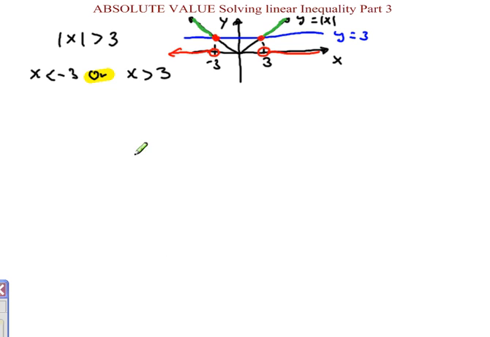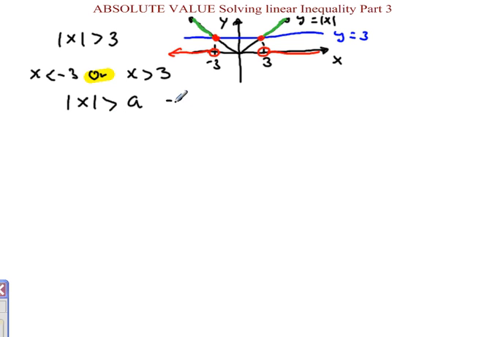Now, how would that work in the general case? So we can say that absolute value of x is greater than a. Recall from the previous session that we said absolute value of x is less than a when x is found in between negative a and positive a.